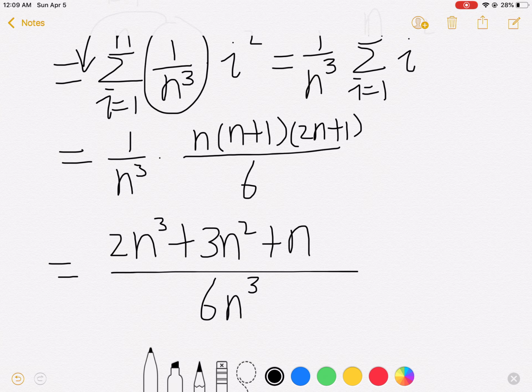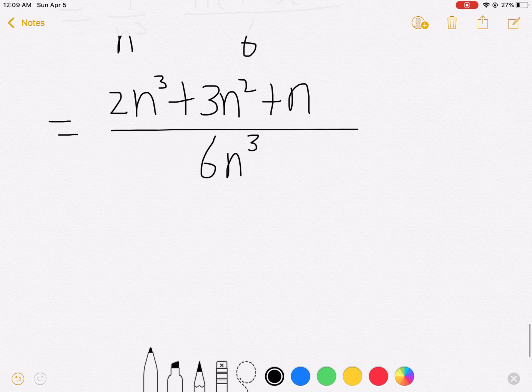Okay, so this is the approximation with n subintervals. And we know if we let n, the number of subintervals, approach infinity, then we will get the exact area, right? Last part we talked about this.